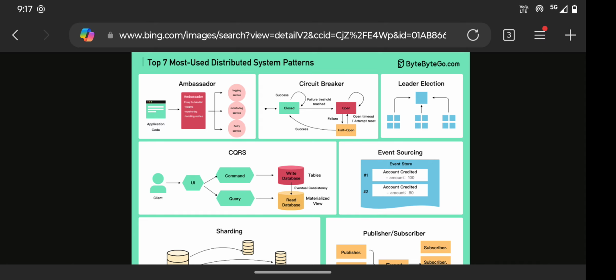It is one of the best architectures, because if you want to handle the global load, you need to scale up your resources, your servers, your application instances. You need to scale them depending on the dynamic load, because you don't know when you will get a huge number of clients for a particular day.